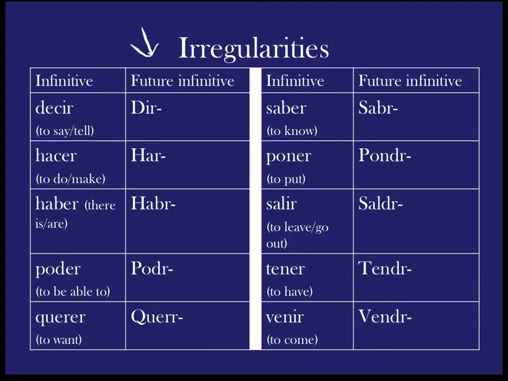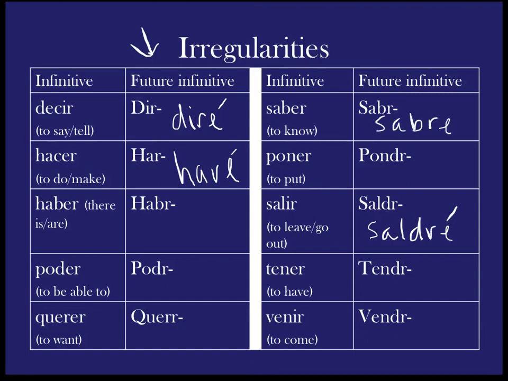So instead of saying decir as our infinitive base, we're going to use dir. So diré would be the way for me to say that I will say something. Haré would be my way of saying I will do something. If we go here to the right, saldré de mi casa, I will leave. Sabré la verdad, I will know.